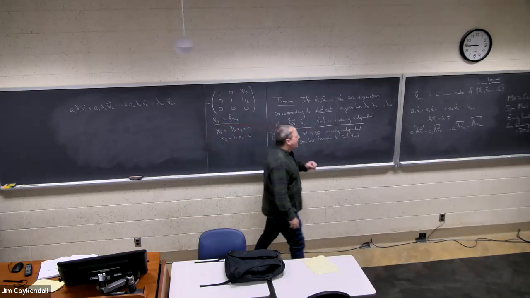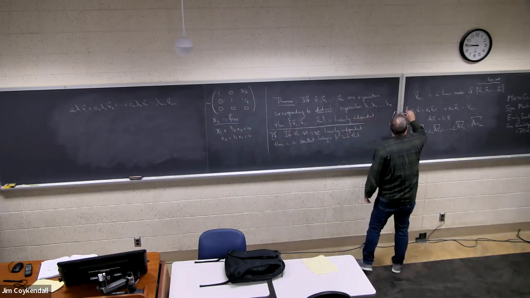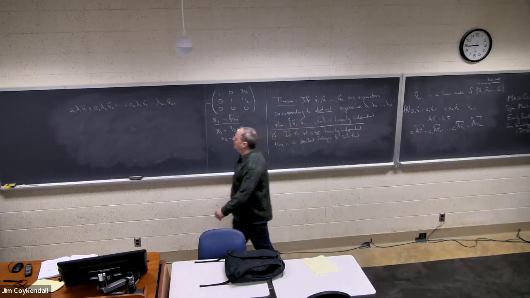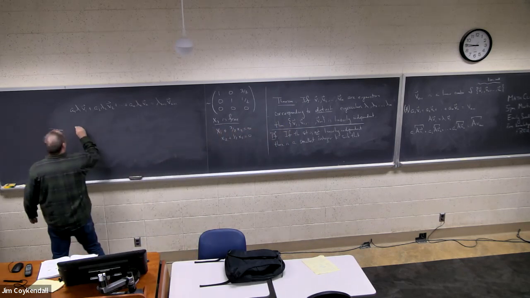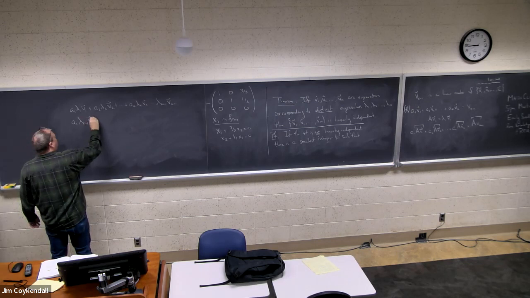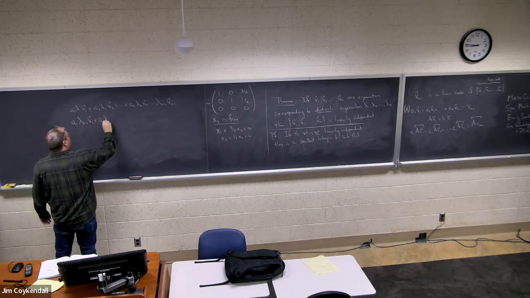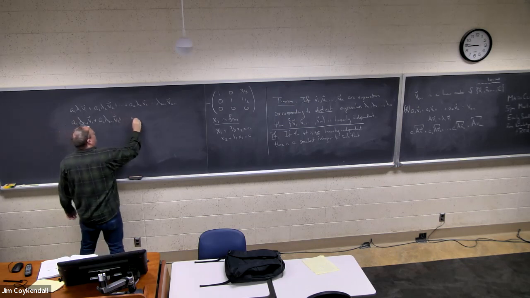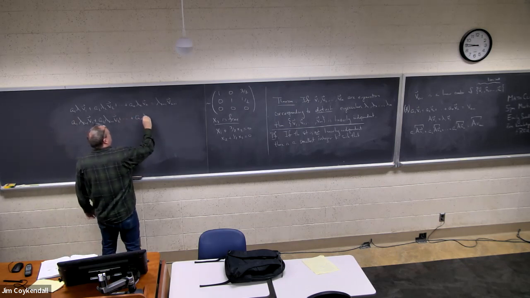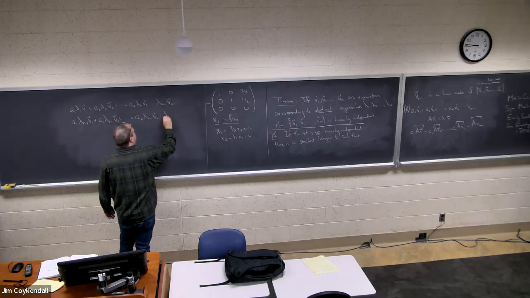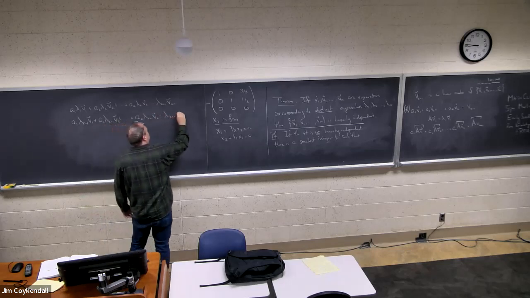Now, I am also going to take this equation here and multiply it by lambda K plus one, giving me A1 lambda K plus one V1, A2 lambda K plus one V2, AK lambda K plus one VK, lambda K plus one V(K+1).